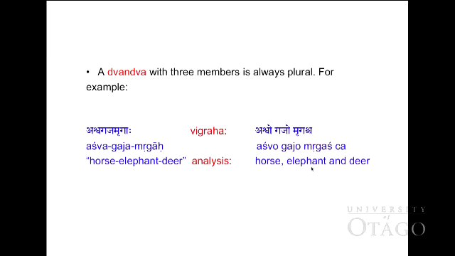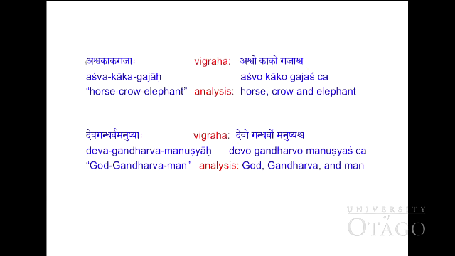Horse, elephant, and deer. Ashva, Kaka, Gajah. Horse, crow, elephant. Comes from Ashvah, Kakah, Gajah cha. Sandhi to Ashvo, Kako, Gajascha.